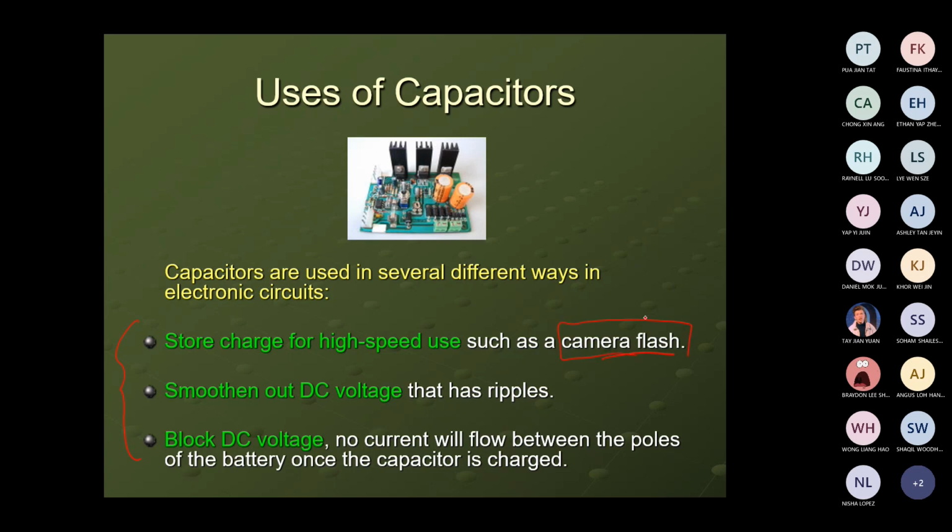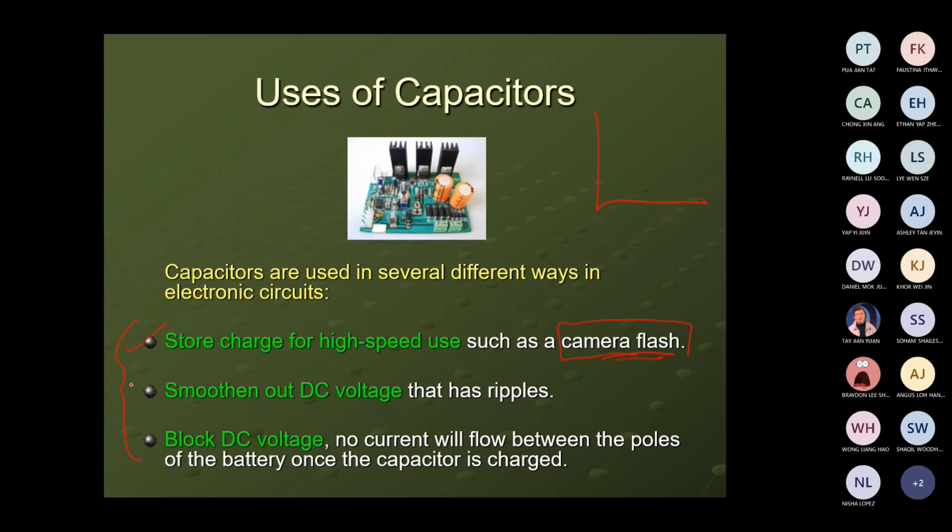Suddenly you want a big charge to flow to the flash for maximum brightness. You need to use a capacitor, because the capacitor will release a high current that drops to 0. So first, a capacitor is needed for a camera flash.